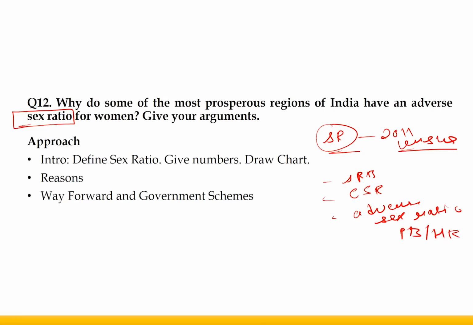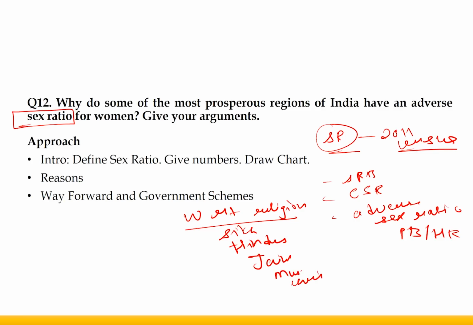Then sex ratio figures with respect to religion. What is the sex ratio of Sikhs, Hindus, Jains, Muslims, Christians?